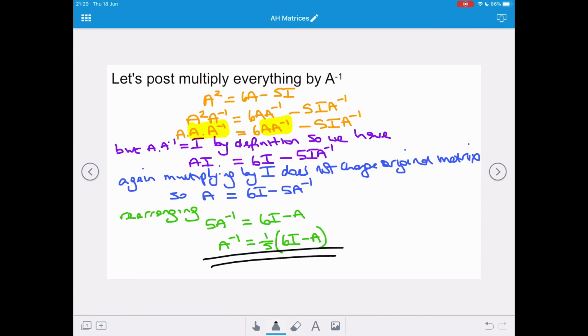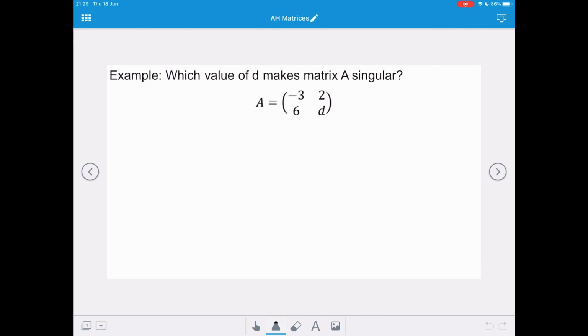So, final example, which value of D makes matrix A singular? Well, we know that for a singular matrix, the determinant equals 0. So det A is going to equal 0.